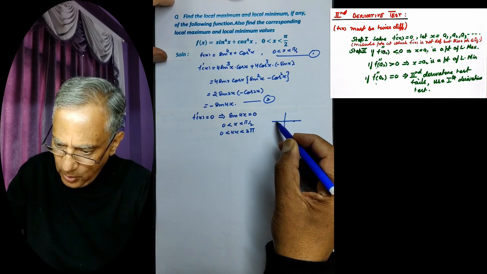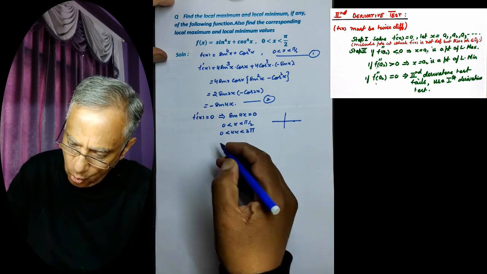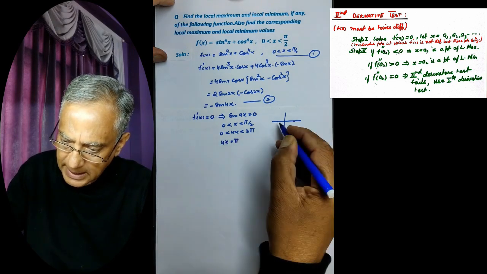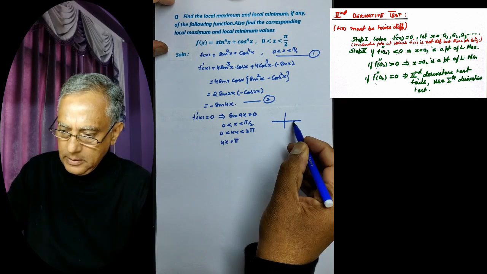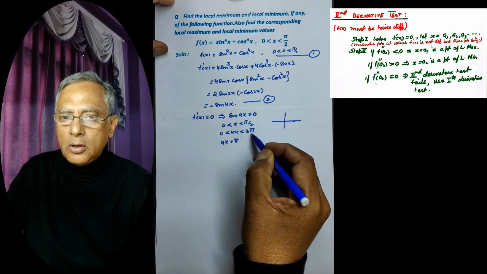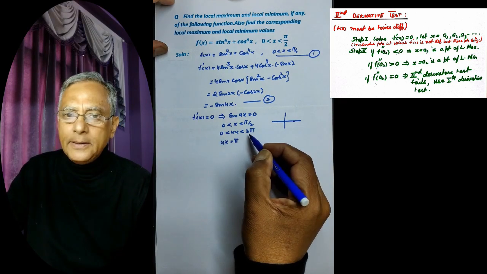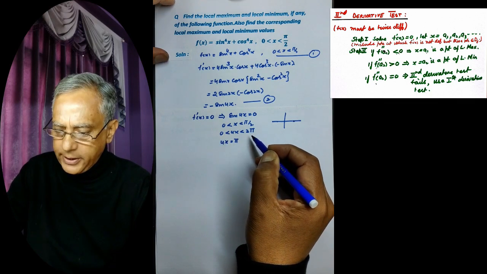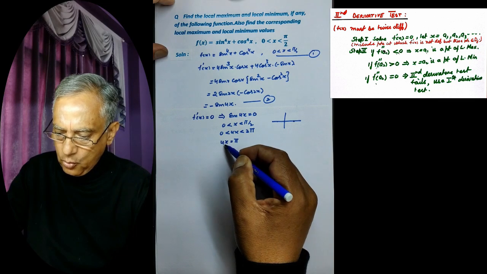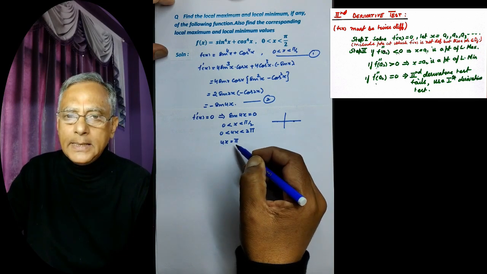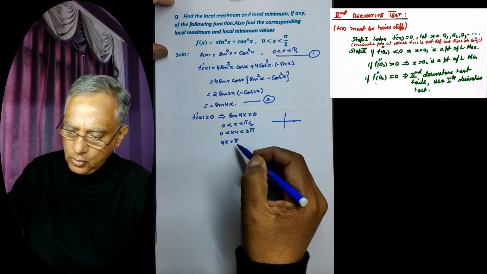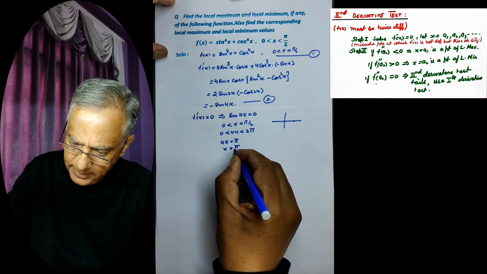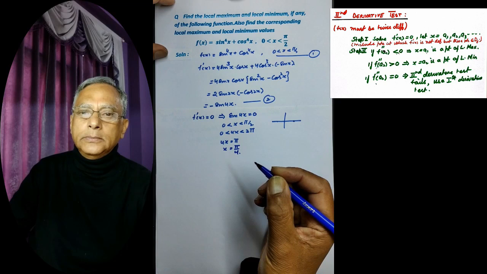Then it will be 0 at pi, so 4x must be equal to pi. And then it will be 0 at 2 pi, but 2 pi is not inside this interval, so we will not take 2 pi. So there is only one point at which sin 4x is 0, and that is 4x equal to pi. Therefore x is equal to pi by 4.